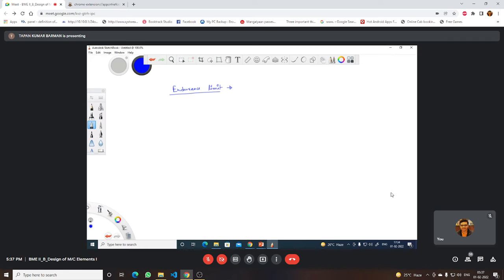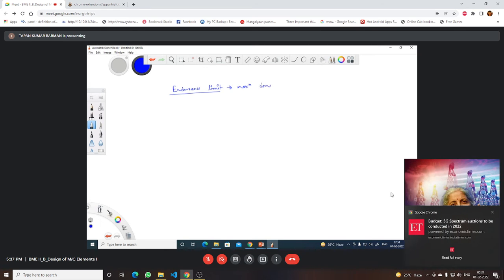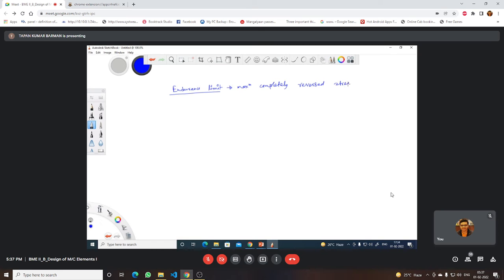It is basically the maximum completely reverse stress for which it is assumed that the material will not fail regardless of the number of cycles. So that is the definition of endurance limit or fatigue limit.